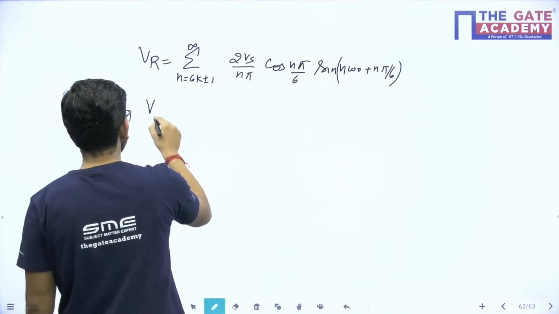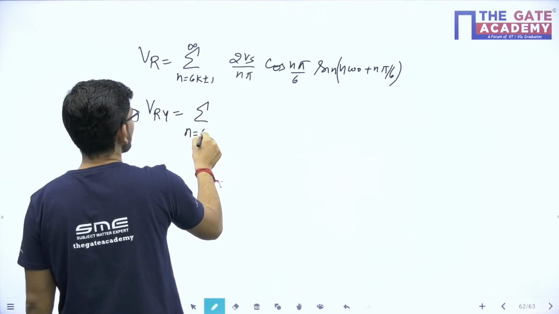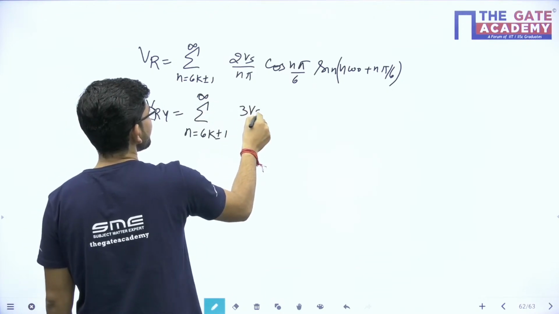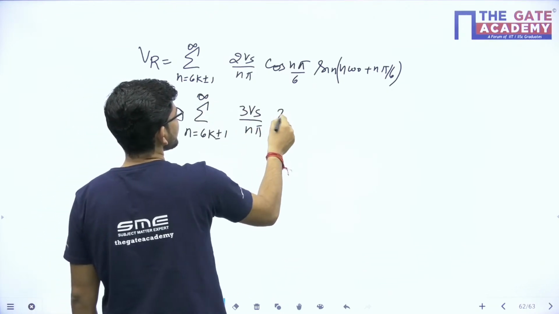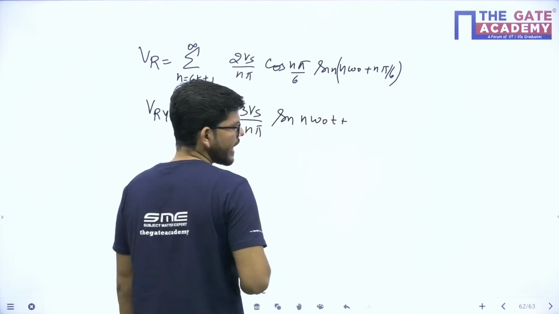Similarly, the Fourier series of line voltage, for n equals to 6k plus minus 1 to infinity, will be 3 Vs upon n pi sin(n omega naught t plus n pi by 3).